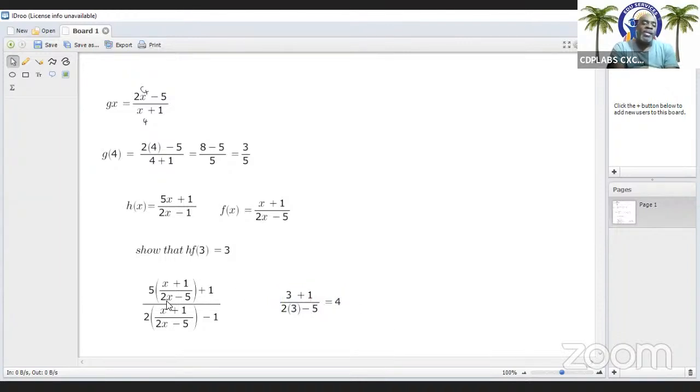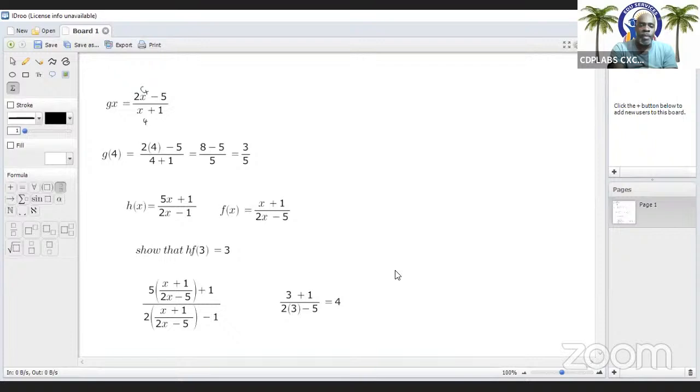All right. So it means that we're going to put 4 here in h of x. So 5 times 4, bracket 4, plus 1, and 2 times 4, minus 1.